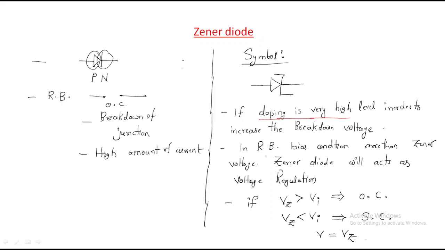The GNR diode is used only in the reverse bias condition. In forward bias, it acts as a normal PN junction diode.